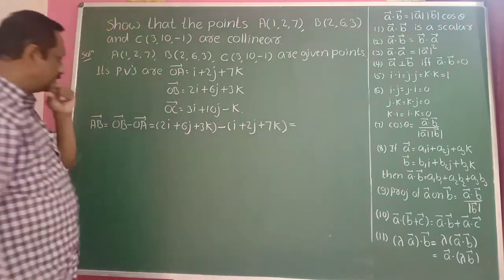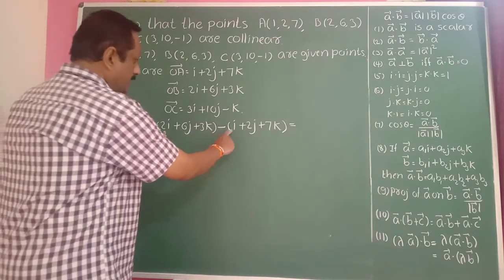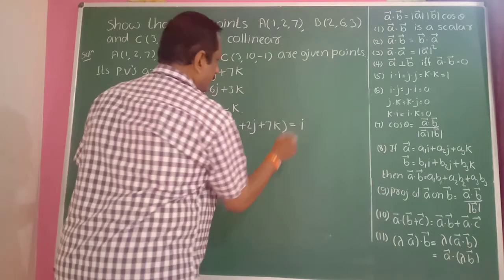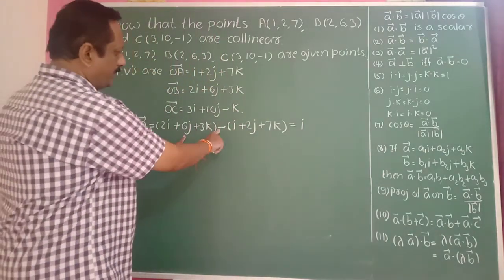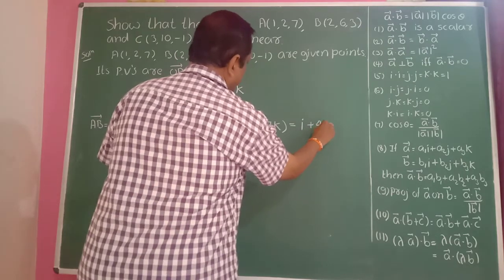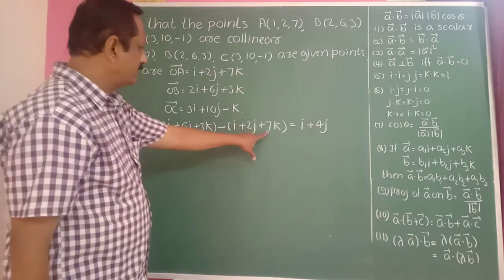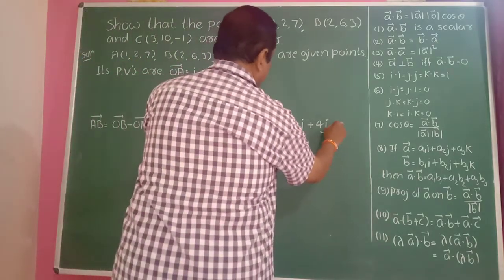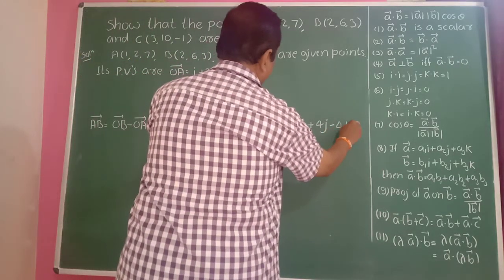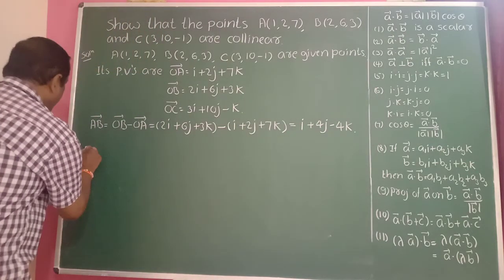Therefore, 2i minus i becomes 1i, 6j minus 2j is 4j, 3k minus 7k gives minus 4k. Minus 4k.